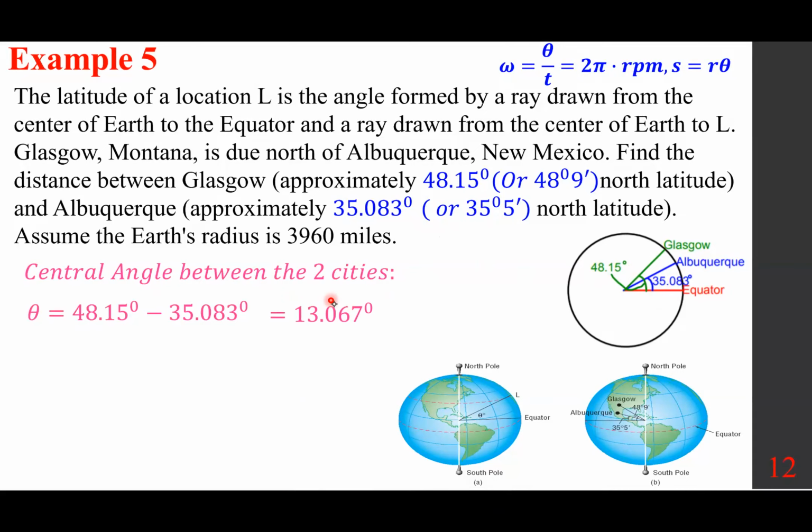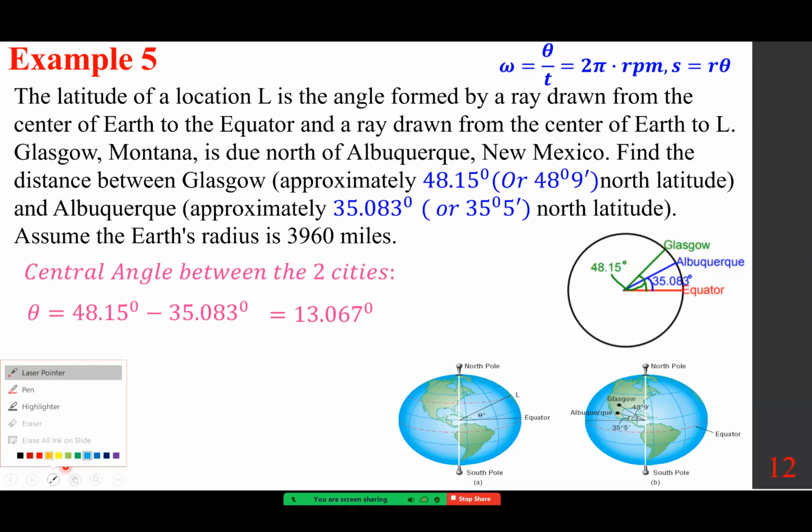Now we want to go with S equals R theta, because this is the arc length we are looking to find. This is the distance between the two, the arc length we are looking for.